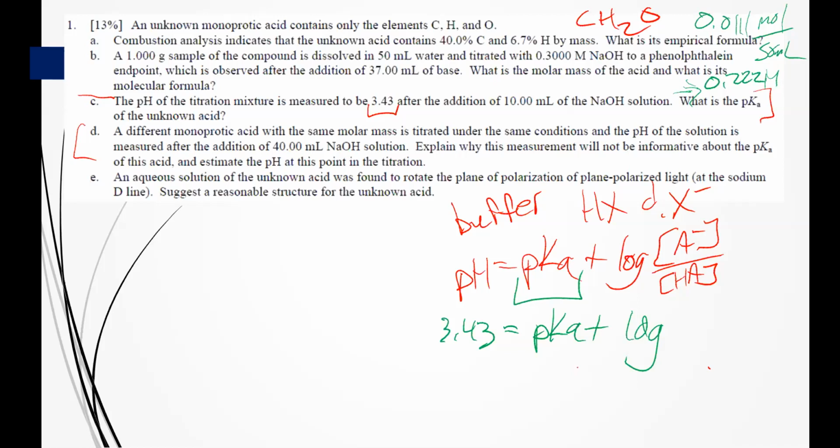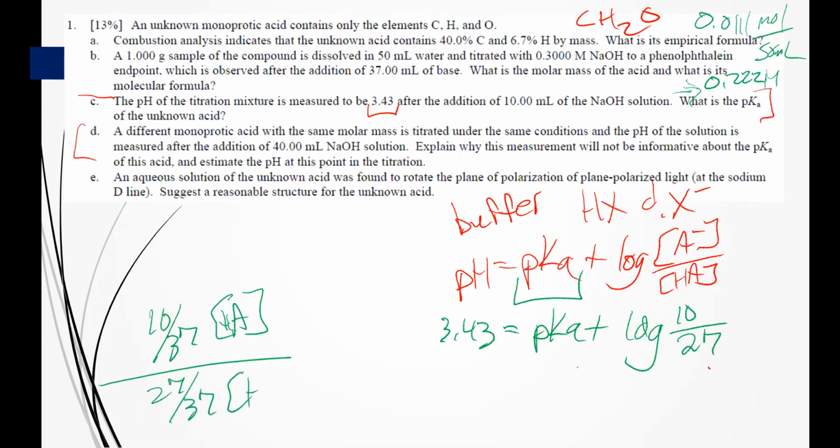So if you wanted to think about it, our base is 10/37ths of the way there, and our acid has 27 of the 37 still left over. So they're all scaled: this is basically 10/37 times whatever concentration we started with, and this is 27/37 times whatever concentration we started with. And so these are going to cancel out, and we'll be left with the ratio of 10/27.